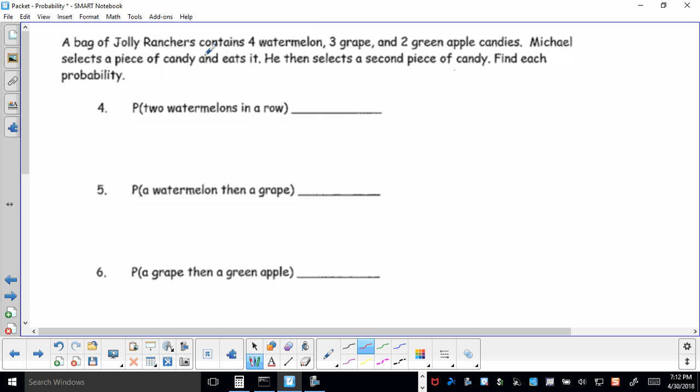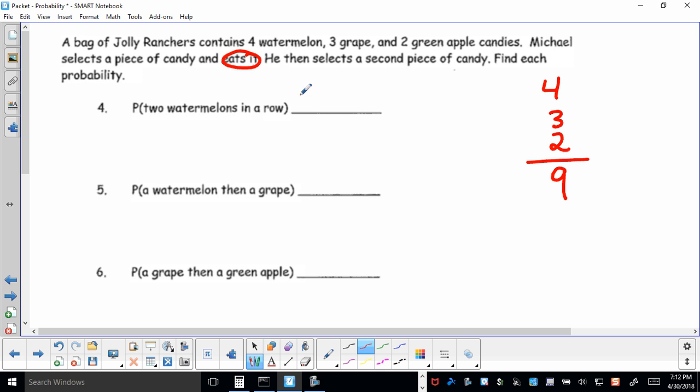Okay, a bag of Jolly Ranchers contains 4 watermelon, 3 grape, and 2 candy apples. Michael selects a piece of candy and eats it. Then he selects a second piece of candy. Find out each probability. So we have 9 pieces of candy, and Michael's eating it, so he's not replacing it. So it's a dependent event. So what's the probability of drawing 2 watermelons in a row?